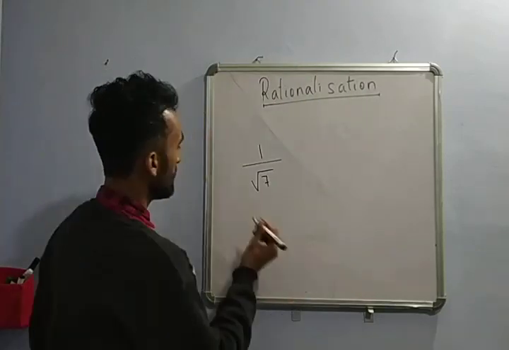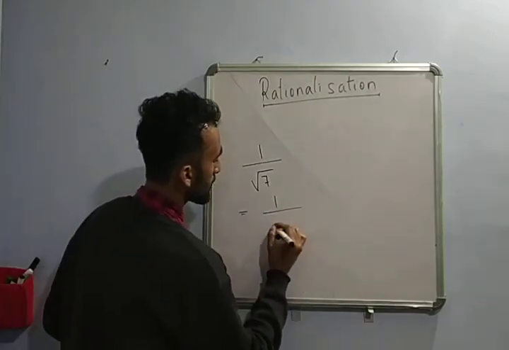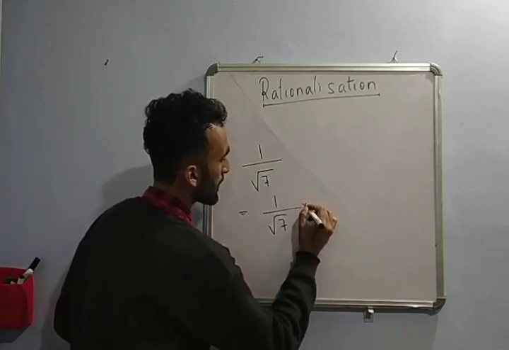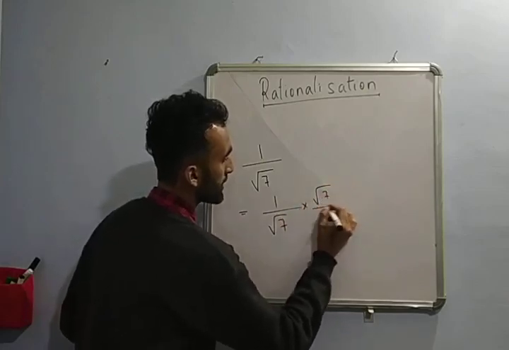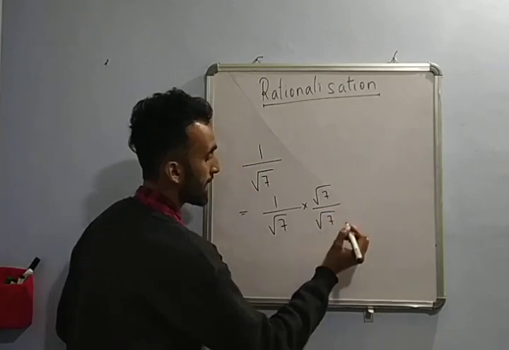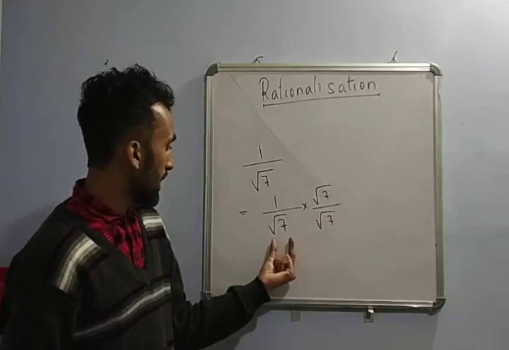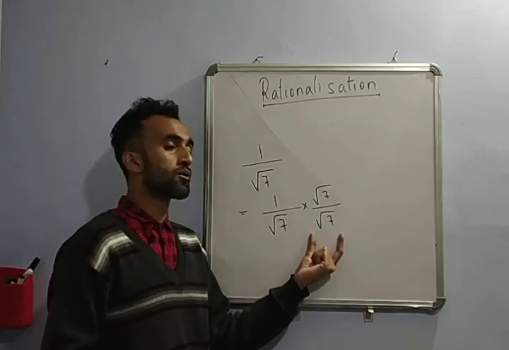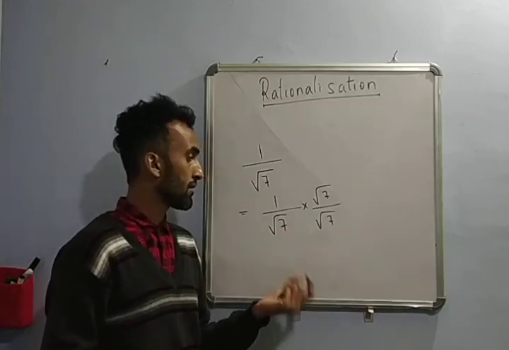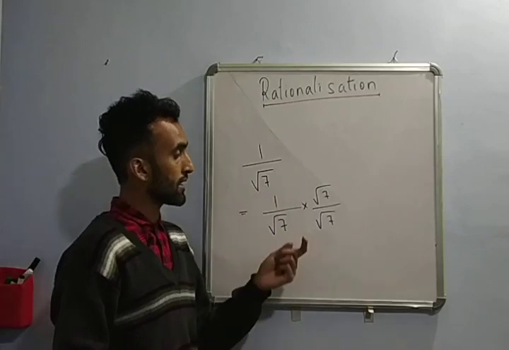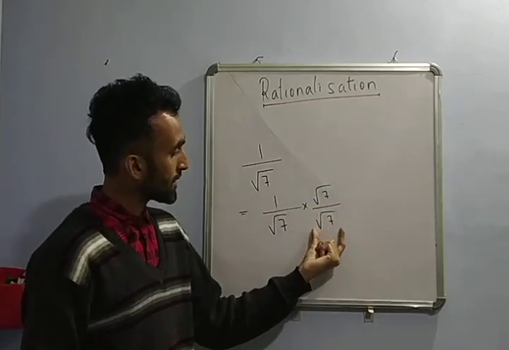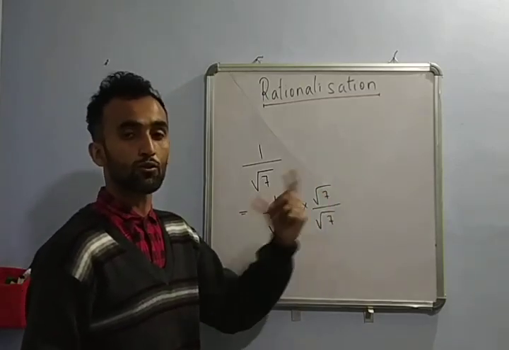Now check here. This is equal to 1 by root 7. I will multiply with root 7 in the numerator and root 7 in the denominator. I am rationalizing the denominator. Now why root 7? See, root 7 into root 7 becomes 7. We know that. Earlier it was root 7. When you multiply the denominator, you have to multiply the numerator also to balance it.